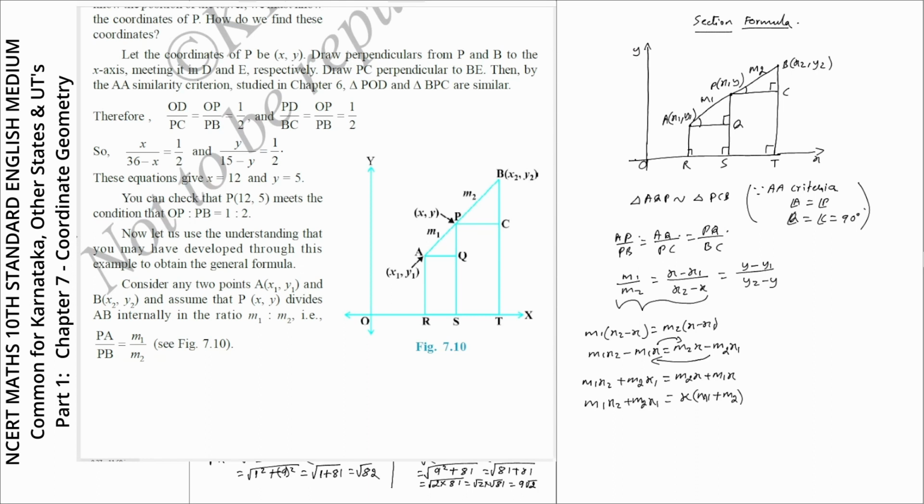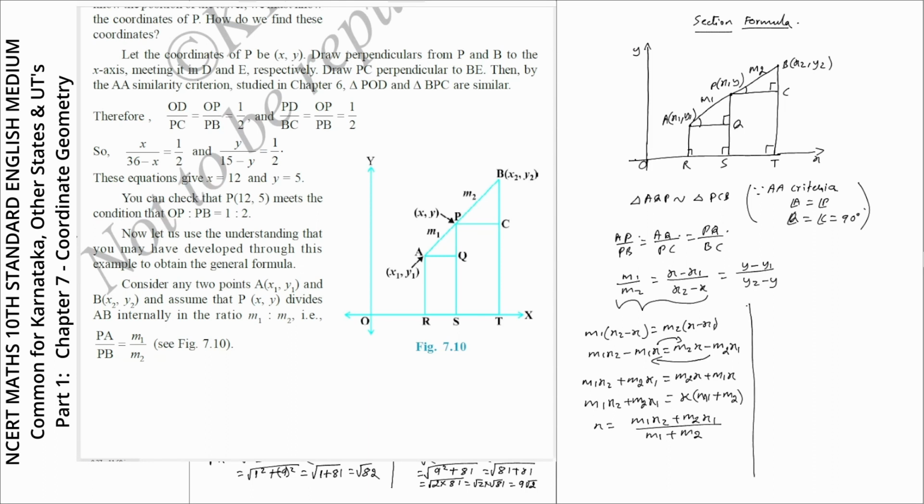So if I solve for x now, what will be x? x is equal to m1 x2 plus m2 x1 divided by m1 plus m2 will be the value of x.